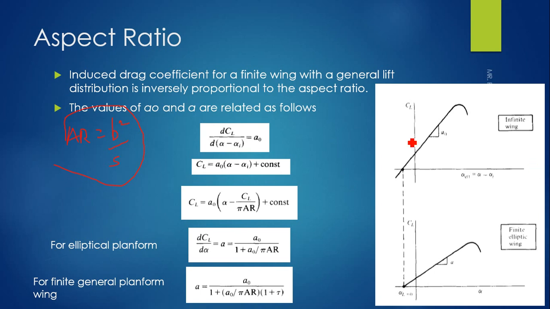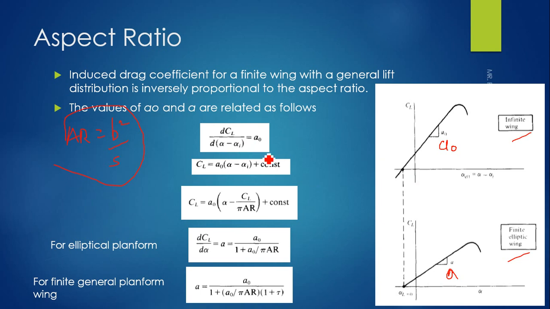So here we have two types of wing. One is the infinite wing and another one is the finite wing. In infinite wing the lift curve slope is a naught, but for a finite wing the lift curve slope is a.